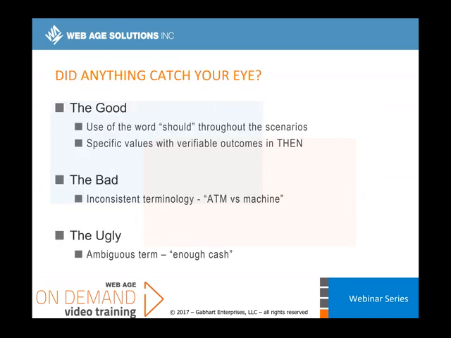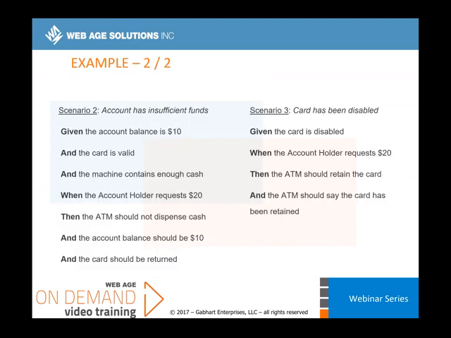So the good thing about the stories was that we used the word should throughout, and we gave specific values that were verifiable in the then statement. We could actually determine that it did or did not do those things. So that's really good.